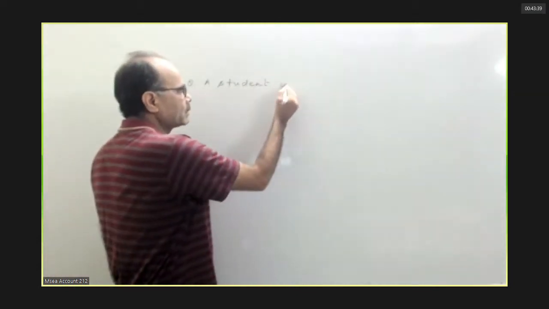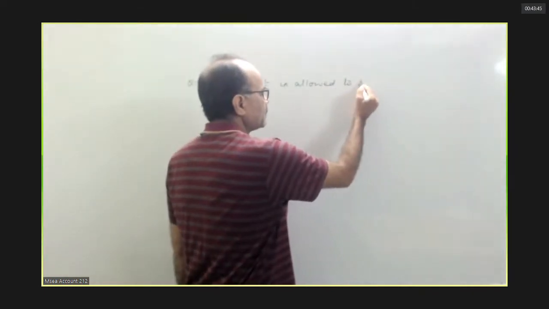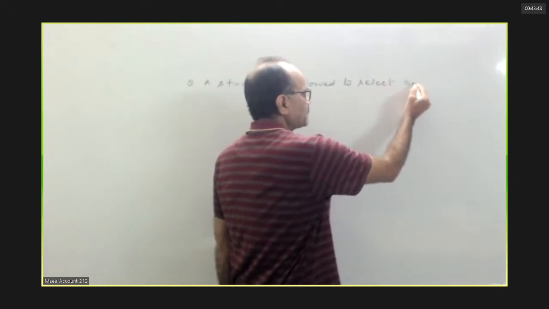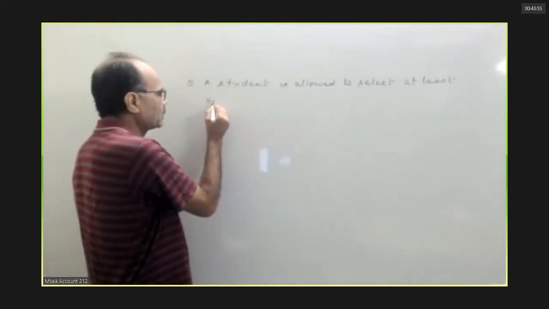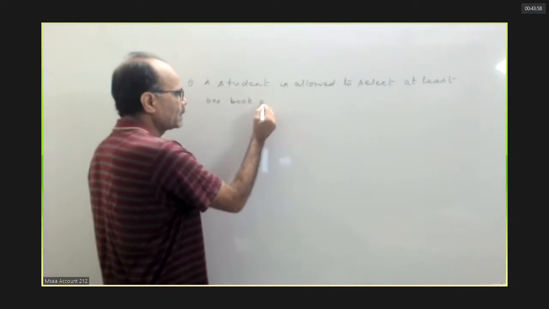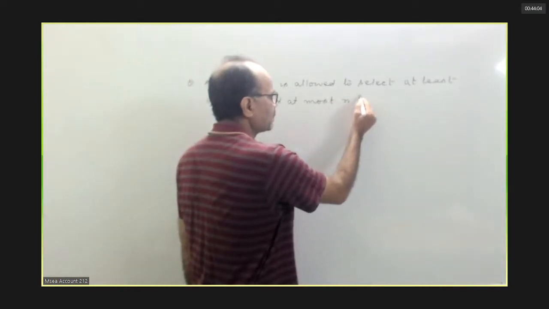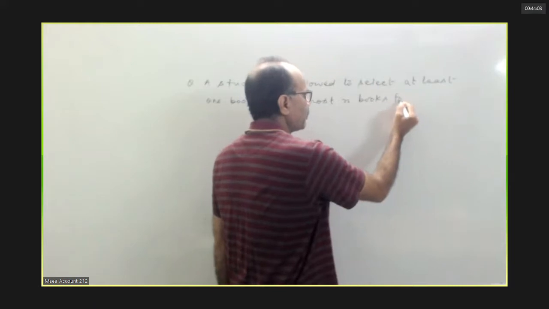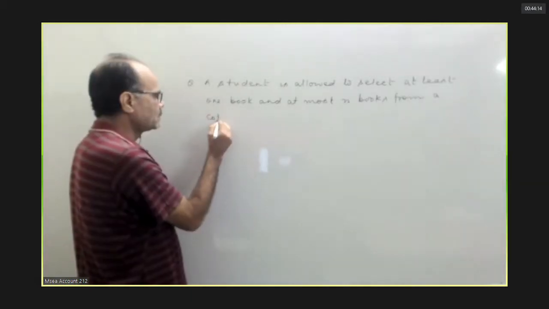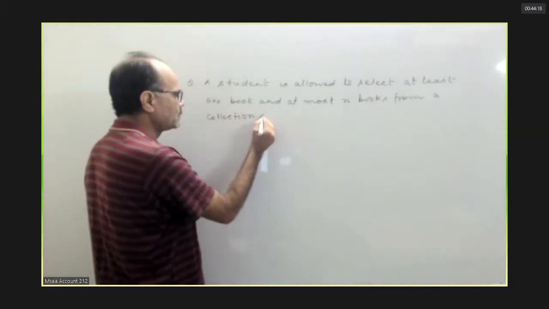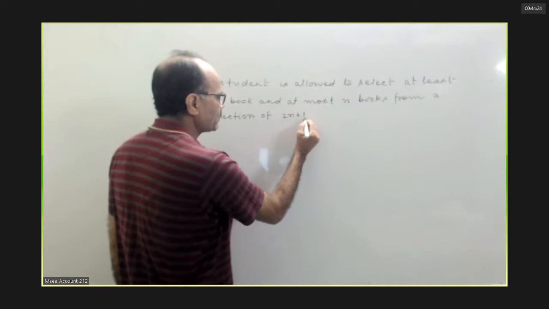A student is allowed to select at least one book and at most n books from a collection of 2n plus 1 books.